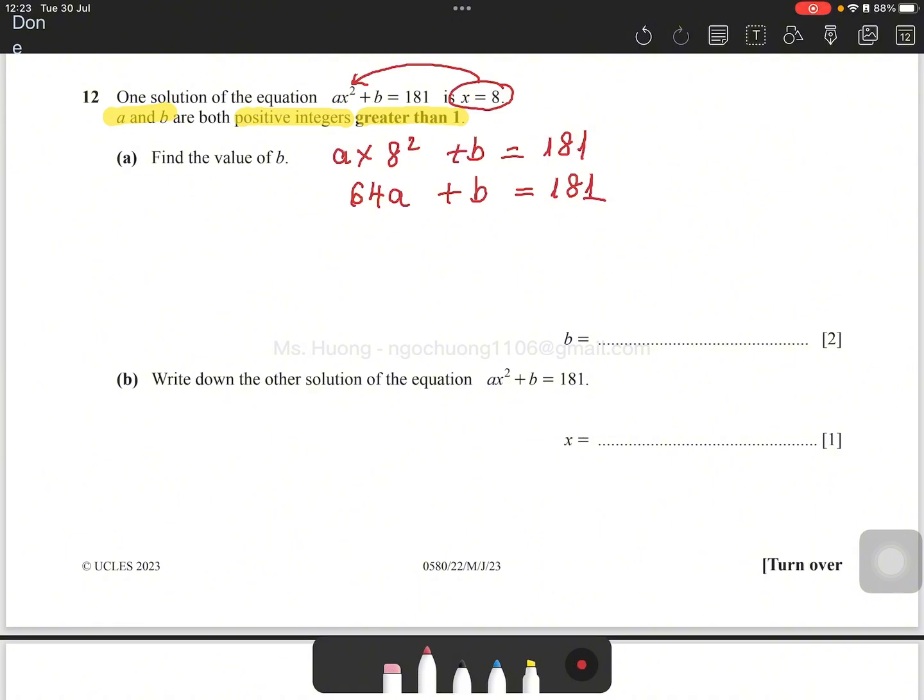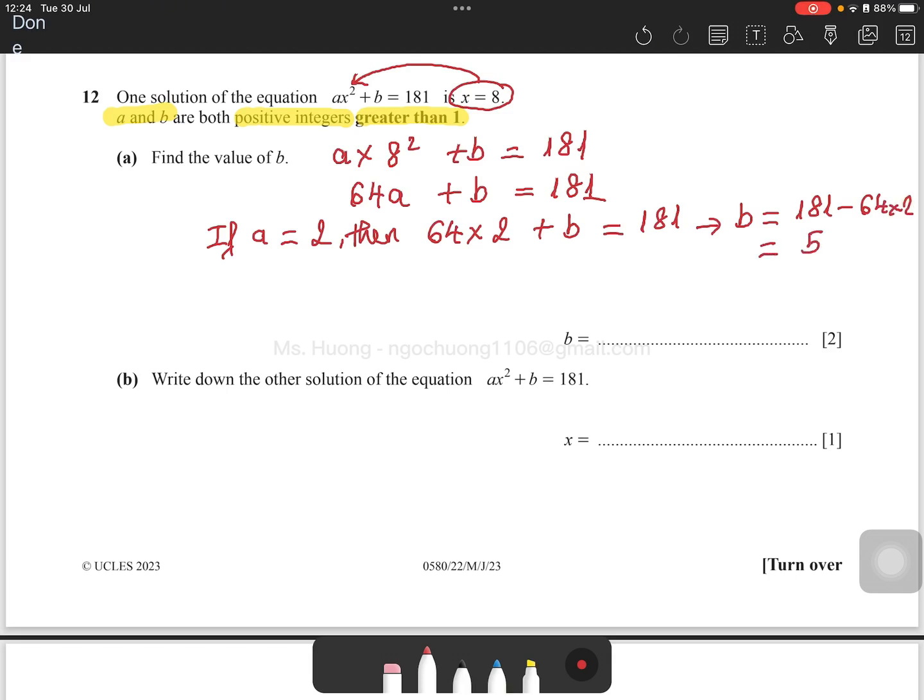So if I choose a as number 2, because a must be greater than 1. So if a equals 2, then 64a means 64 times 2, plus b equals 181. And from this, we see that b is equal to 181 minus 64 times 2 equals 53. So b is a positive integer greater than 1.